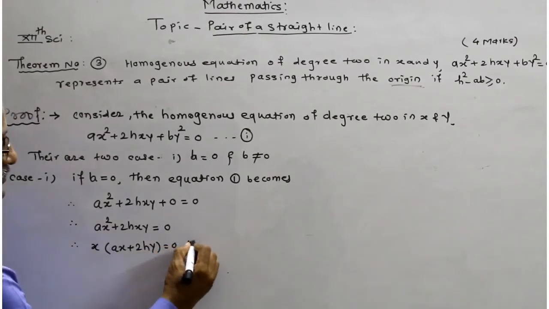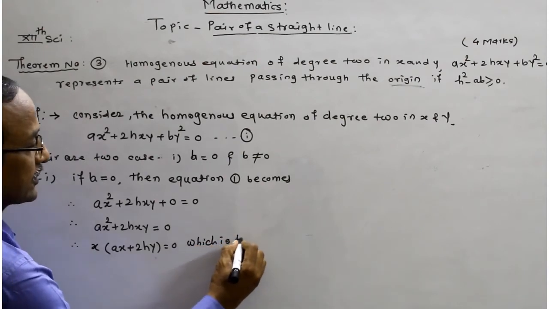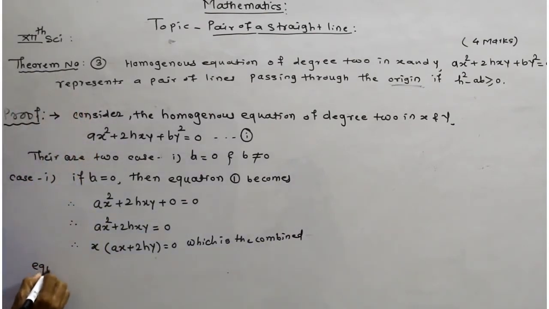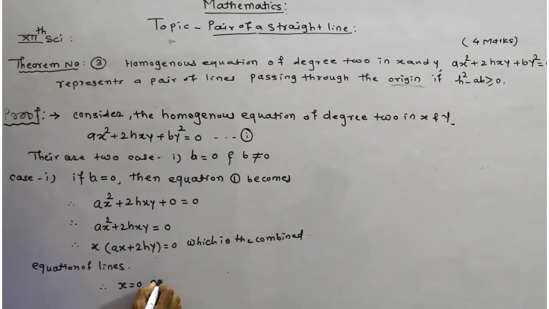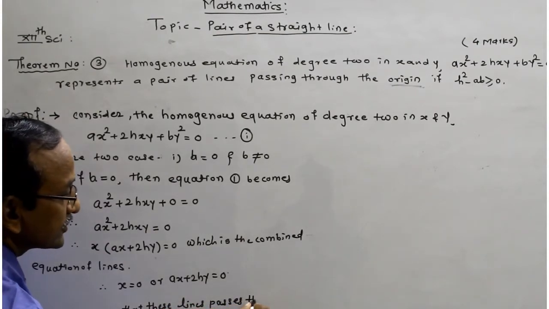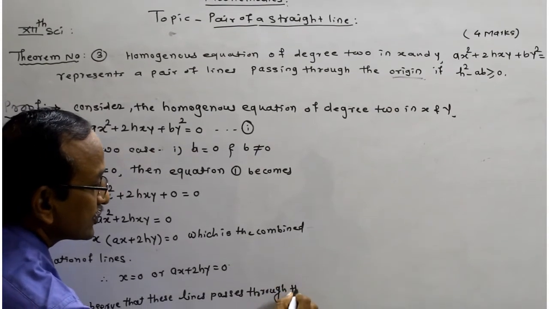So which is the combined equation of lines. So therefore x is equals to 0 or ax plus 2 times hy is equal to 0. We observe that these lines pass through the origin.